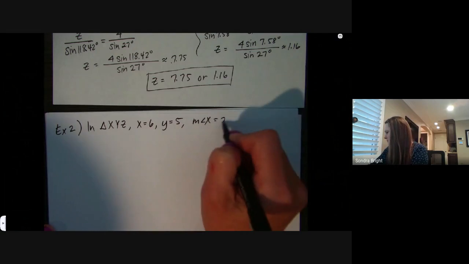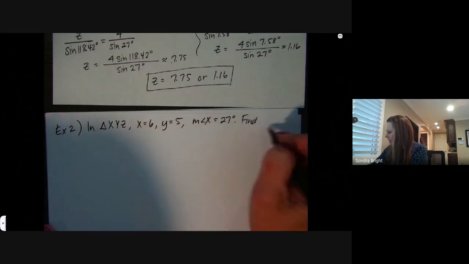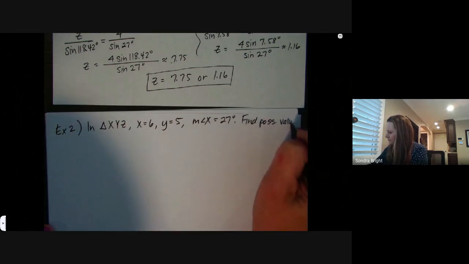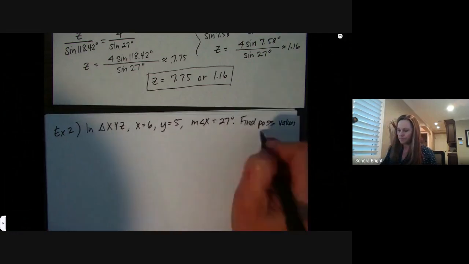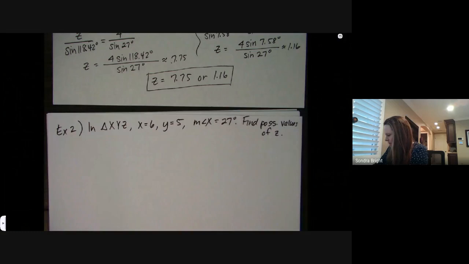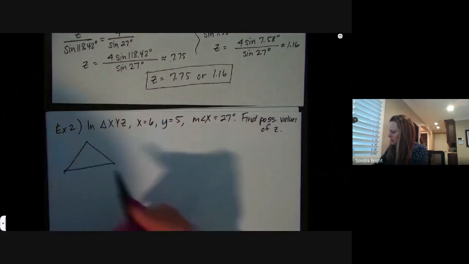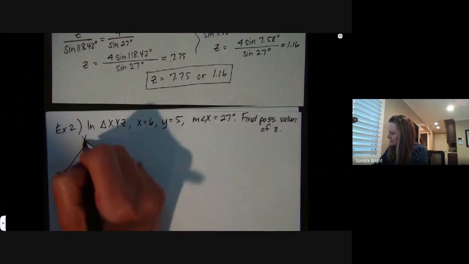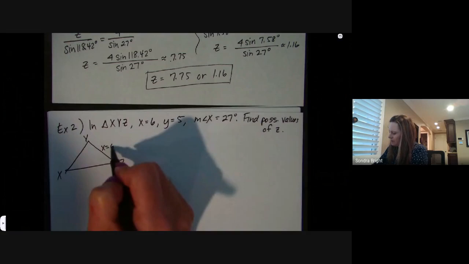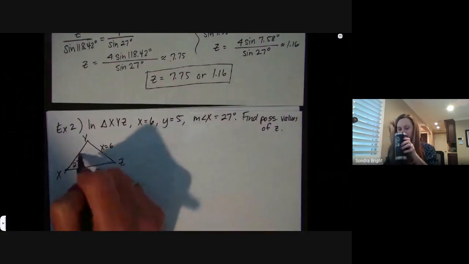And same directions, we're going to find the possible values of side Z. Okay, so I'm going to draw the triangle again. X, Y, Z, those are my angles. Side X is 6, side Y is 5, and then the measure of angle X is still 27 degrees.